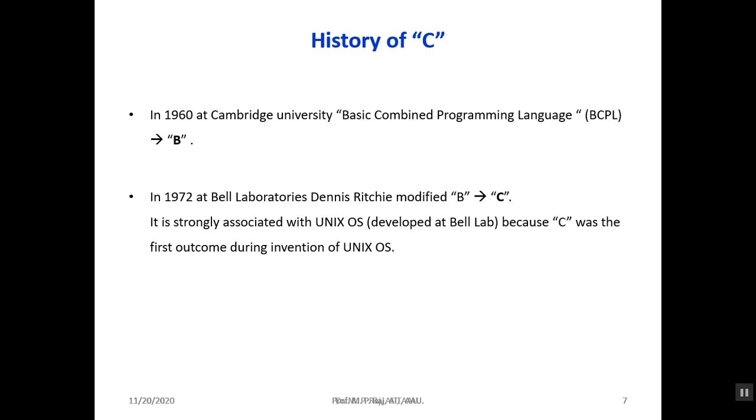In 1972, at Bell Laboratories, Dennis Ritchie modified the B language, and he didn't have any special intention or purpose. He simply carved out C from BCPL and named it C. Now don't assume that the next language derived from C will be known as P.